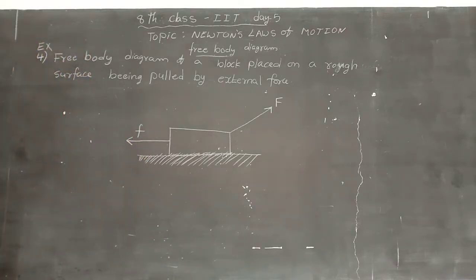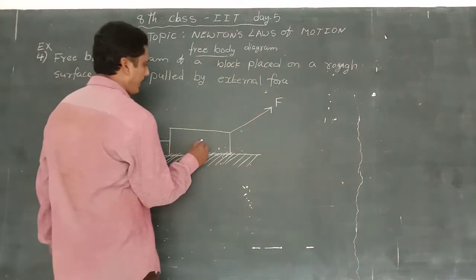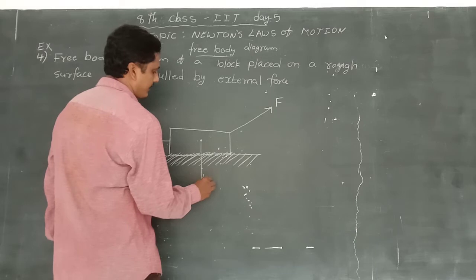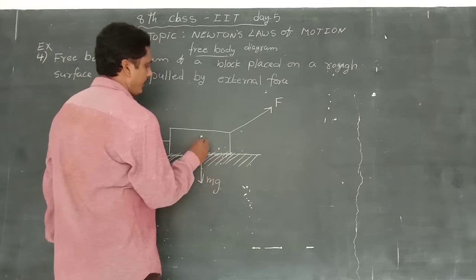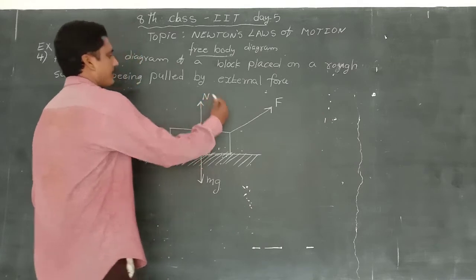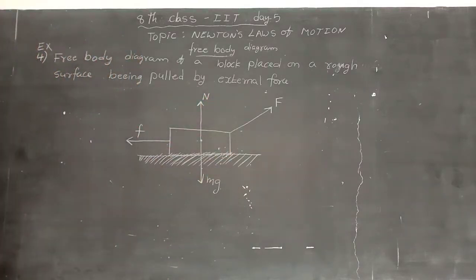The weight of the body acts vertically downward, that is mg. Normal reaction acts vertically upward, that is N.